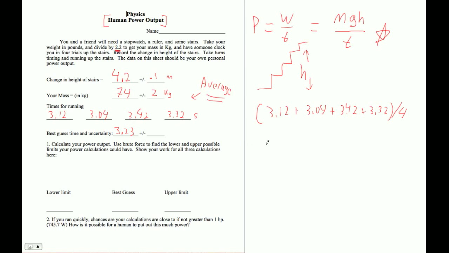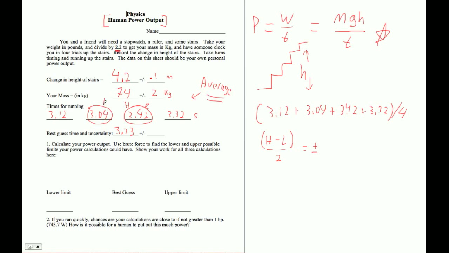Then plus or minus something. To get that, I'm going to take the highest minus the lowest, divided by 2. We did this on the speed trap lab. That equals our plus or minus. The highest one is this guy right here and my lowest one is right there.